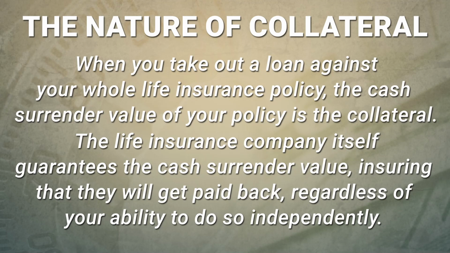So the home office, the life insurance company itself, they are the ones guaranteeing the asset that is the collateral on the loan they're making to you. And so that's why they don't need to run your credit. They don't care what your income is, because if you don't pay them back, they know there's enough value in your life insurance policy to cover them.